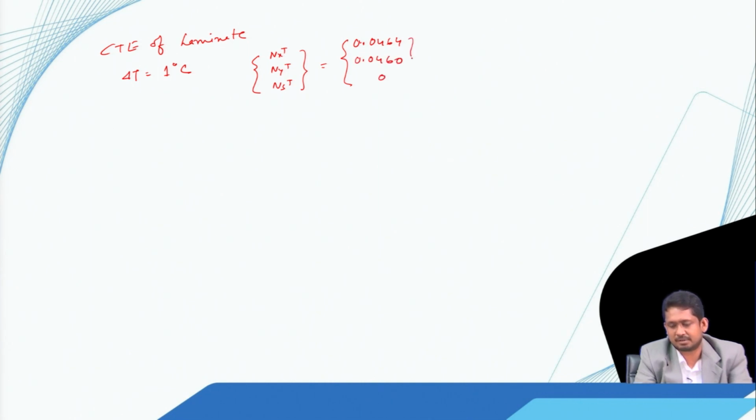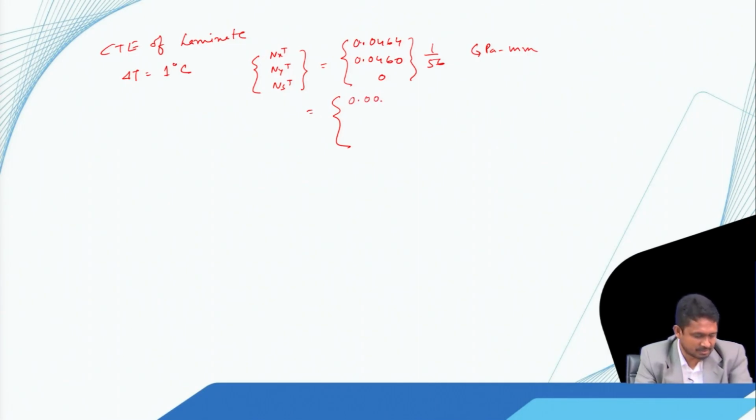So, in that case NXT, NYT and NST become whatever you found out before for 56 degree centigrade, divided by 56, and that gives us the NX, NY, NST corresponding to unit rise in temperature.